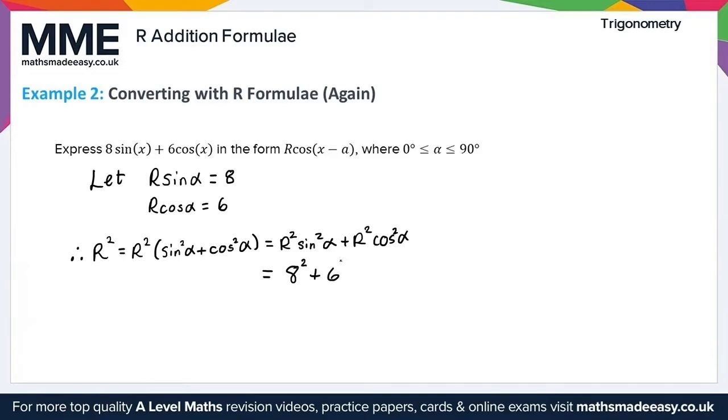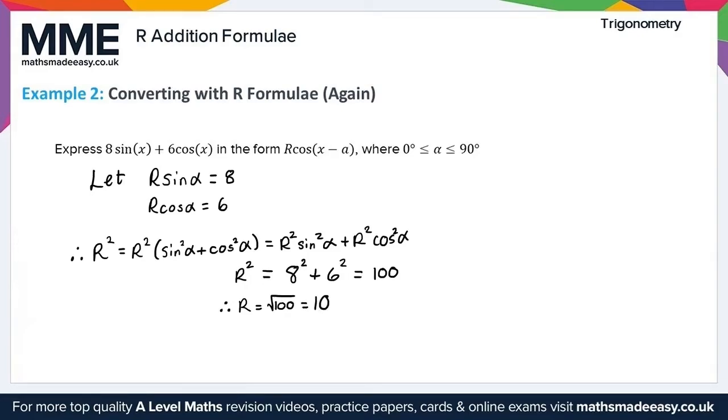So that's 6 squared. Okay, so this is for R squared. Well, 8 squared is 64 plus 6 squared, which is 36, giving us 100. And we just simply want R, so we take the square root to obtain that R is equal to the square root of 100, which simply gives us 10.